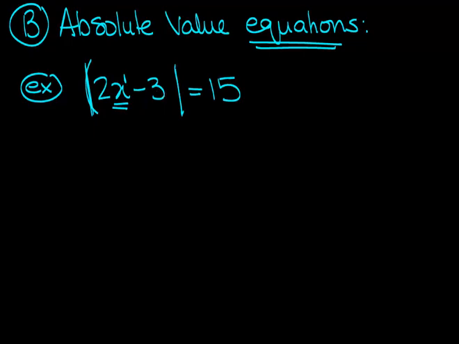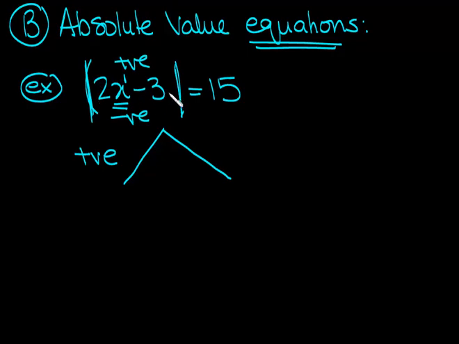Well, since I don't know whether this is positive or negative, because if I knew that, then I could drop those absolute values depending upon whether it's positive or negative. But since I don't know that, I'm going to take a look at two cases here. I'm going to first assume that the inside is positive. So let's start with that.